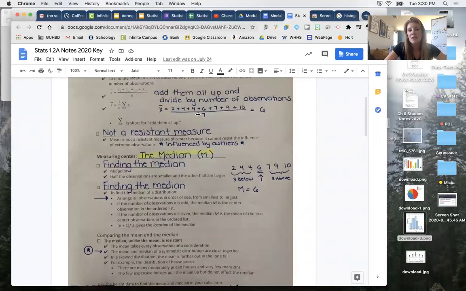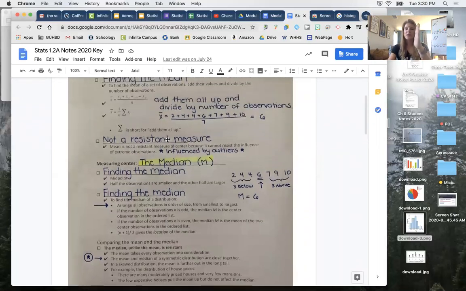If our mean is higher than our median, so maybe our median is 6 and the mean ended up being 9, then our mean is at the bigger numbers, so that would be skewed to the bigger side of the number line, which is skewed to the right.